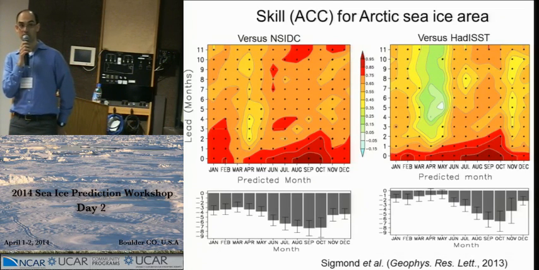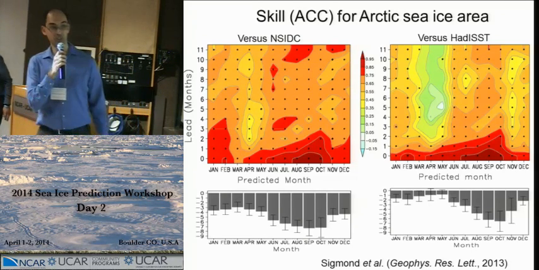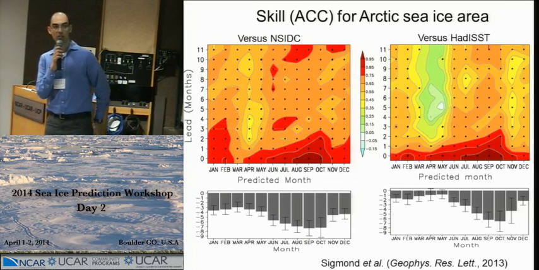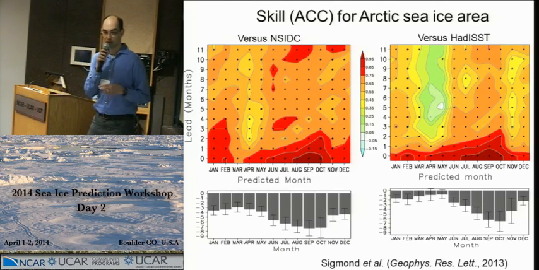A large part of the skill is due to the trend at these longer time scales, and the trend in the HadISST, especially in March, April, is significantly smaller. So the take-home message here is that skill is not absolute, but it depends on the verifying observational data set, which can be quite different.